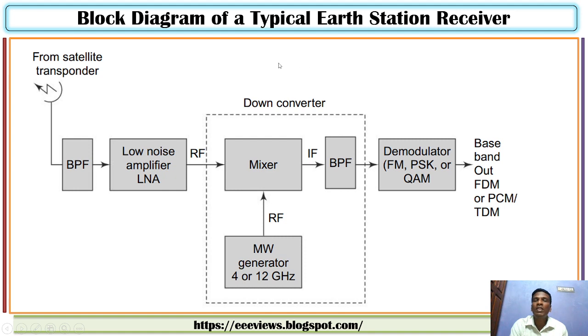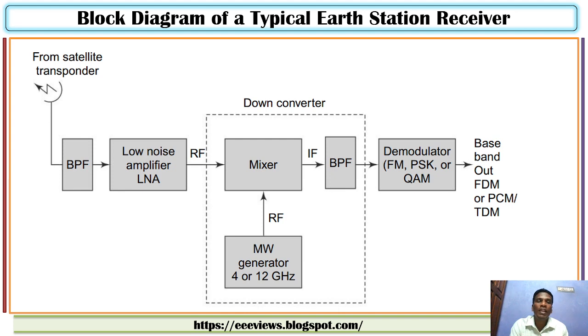In the transmitter we saw the up converter; here we see the down converter, where radio frequency is converted into intermediate frequency. Then it is demodulated. In the transmitter you see modulation; in the receiver you see demodulation. This is how the information is transmitted from earth to satellite, then to the receiver.